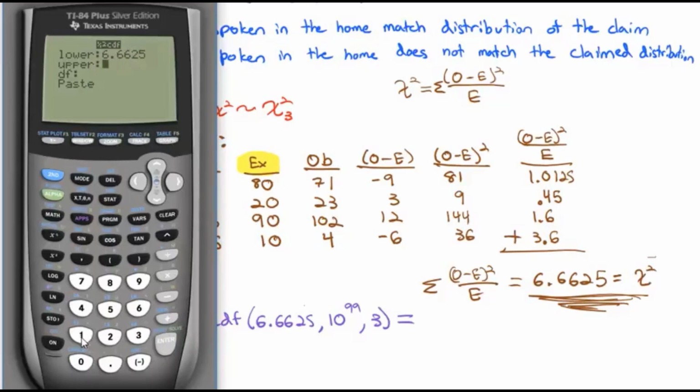The upper limit is infinity, which we'll use 10 to the 99th power. And the degrees of freedom is 3. And when I hit paste, you see it types those numbers in for me. If you don't have the newest model of the TI-84, you might just have to enter in these numbers with commas separating them. Get the same thing, though. We end up with 0.0835.